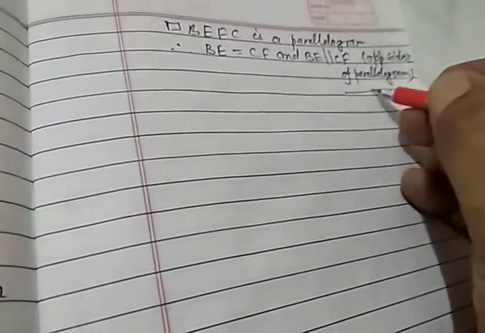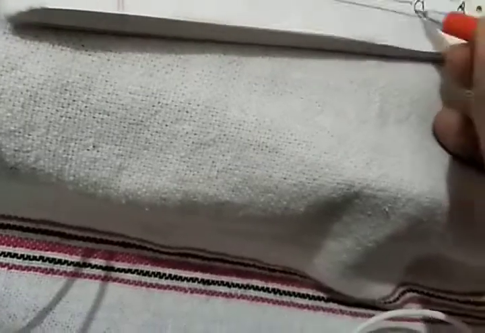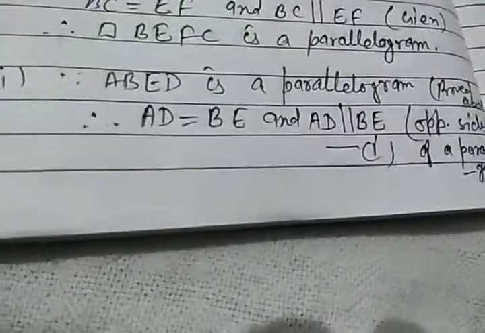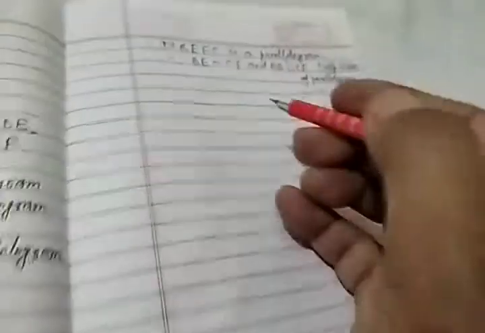This can be written as equation second and this can be written as equation first. So comparing first and second, here AD equal BE, here CF equal BE. It means AD equal CF.